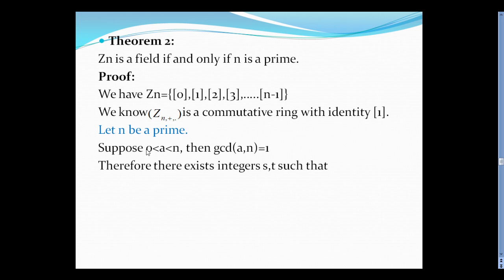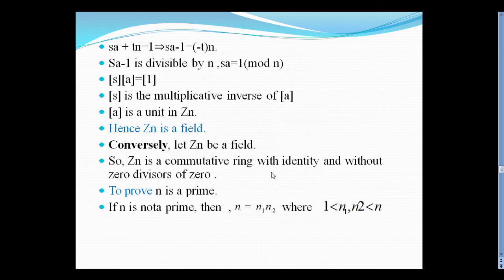We take an element a between 0 and n and find the GCD of a comma n, which is equal to 1. Therefore there exist integers s, t such that we can write sa plus tn is equal to 1. Bringing 1 to the opposite side, we get sa minus 1 is equal to minus t into n. So sa minus 1 is divisible by n.